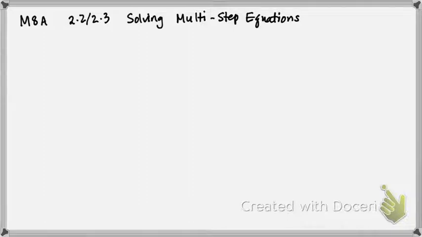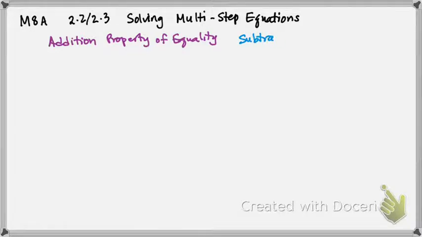So these are going to be the addition property of equality, subtraction property of equality, multiplication property of equality, division property of equality. So I'm going to write them this way.